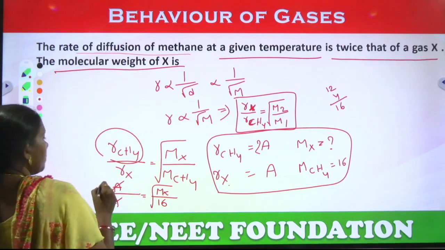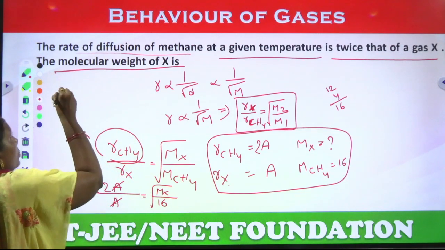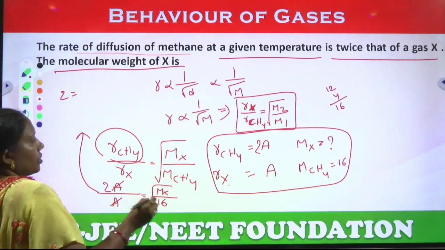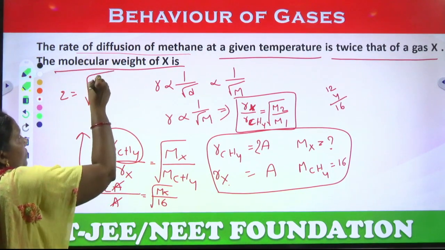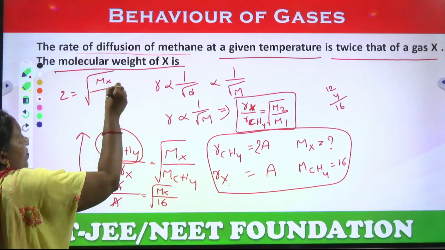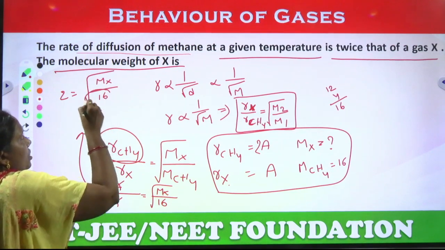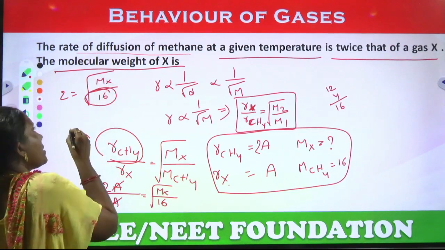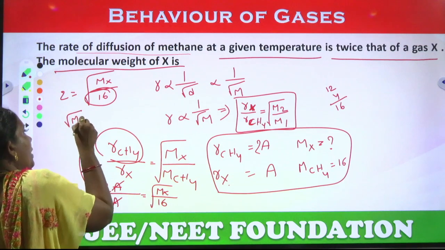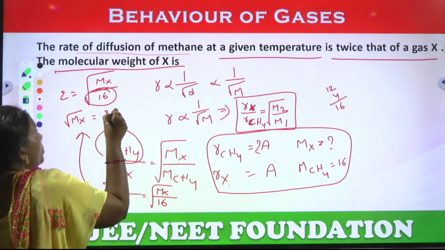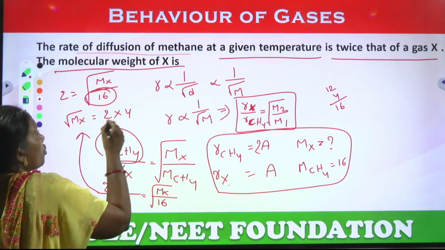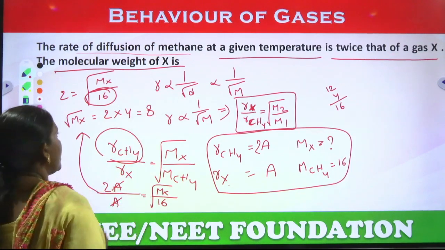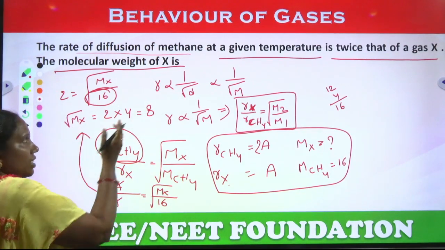Then I am writing over here. So 2 equal to root of Mx by 16. This root 16, this root belongs to Mx and 16. So I will write root Mx equal to 2 into root 16, which is nothing but 4. So 2 into 4 equals 8. Root Mx is 8.